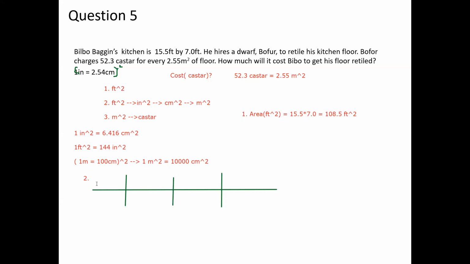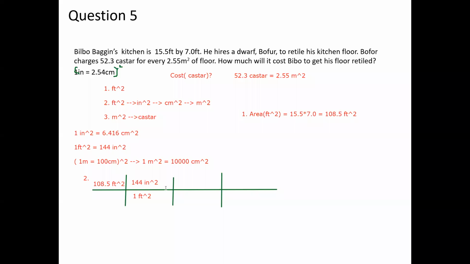So we're starting with feet squared. And we want to convert feet squared to inches squared. So in our empty train track, to the top left is feet squared. So in our conversion, feet squared goes on the bottom, inches squared goes on top. Next, we want to go from inches squared to centimeters squared.